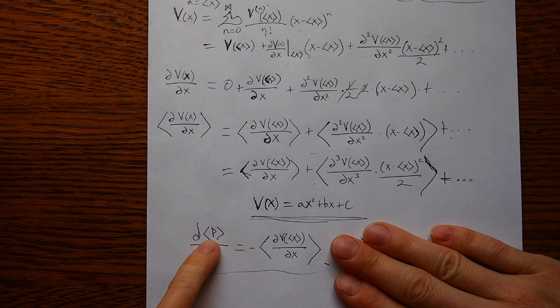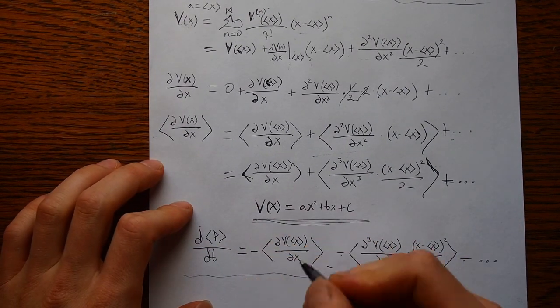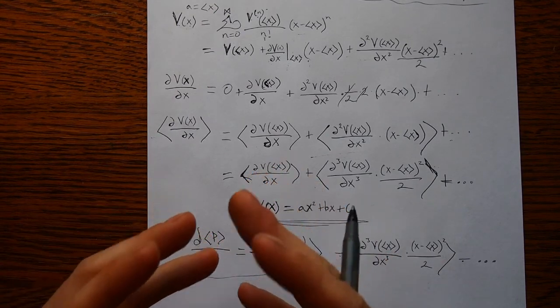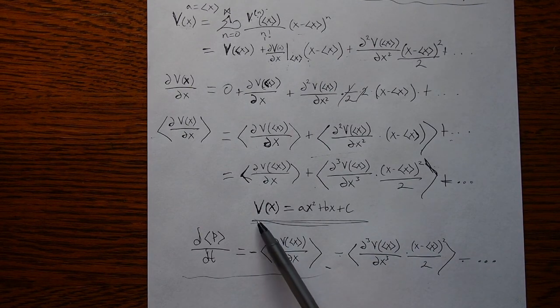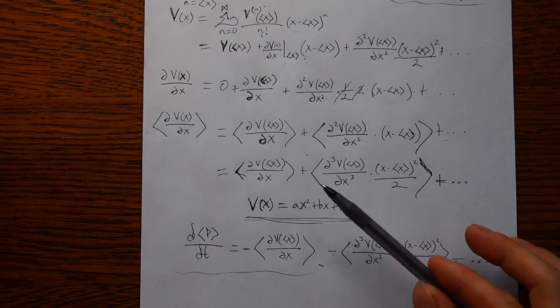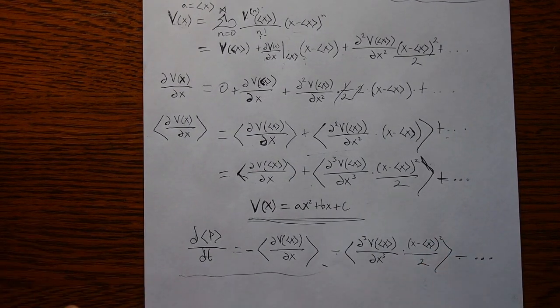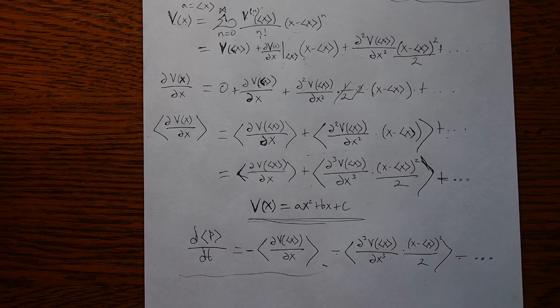We talk about the expected value of momentum and the expected value of position, but that's all that we ever talk about in quantum mechanics. And things behave exactly as we would expect with our classical intuition. However, if you have a potential energy function that is a polynomial of a higher order than 2, if you have some sort of sinusoidal potential energy function, or even worse, those all can be written as polynomials if you want to think of it that way, but they're all infinite order polynomials, right?